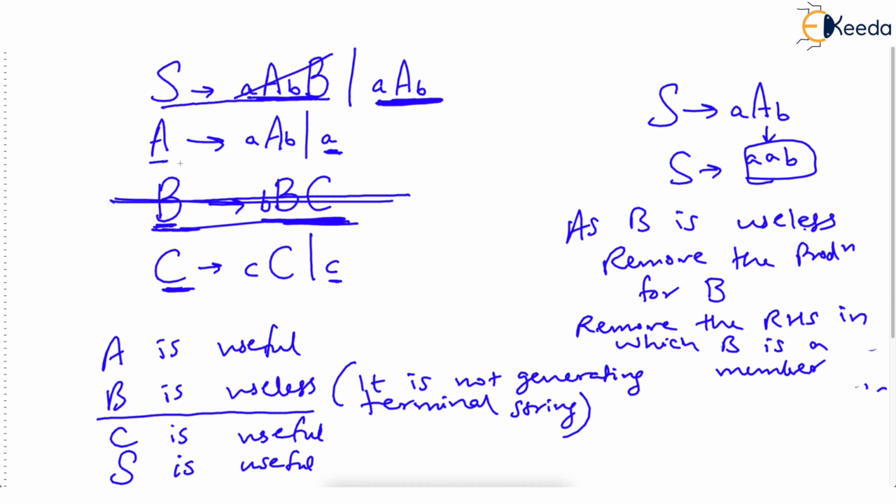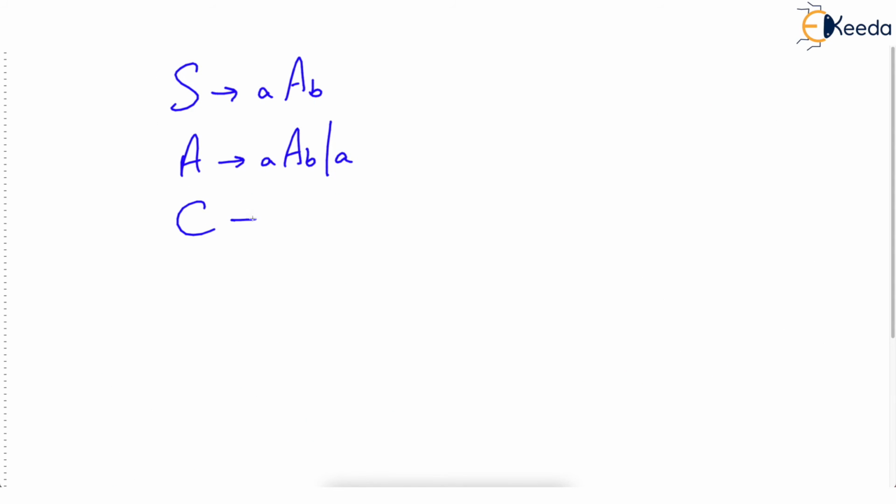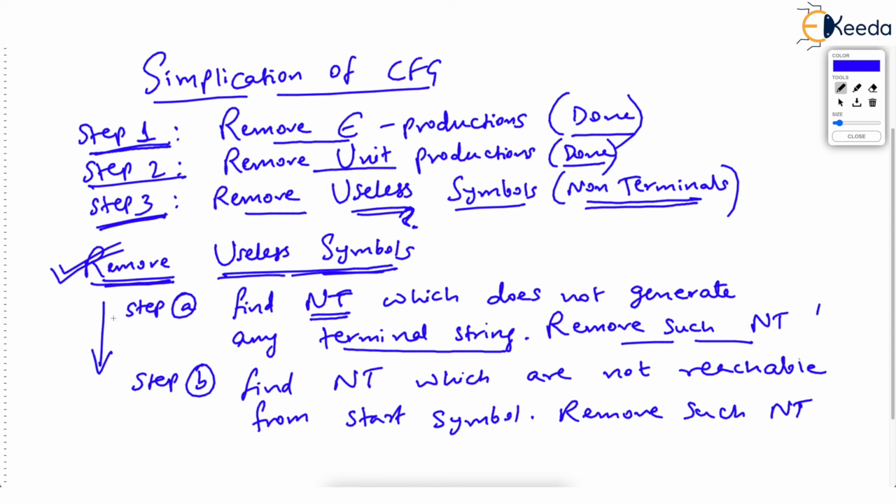A derives AAB or A. The other one was anyway removed, and C derives CC or C. Now have a look at this. We have removed useless non-terminal B, capital B, because it was not generating any terminal string.